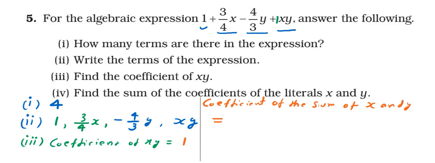Here you can see the coefficient of x is 3 upon 4 and the coefficient of y is minus 4 upon 3. Now we can solve: 3 fours are 12, 3 threes are 9, minus 16 upon 12.